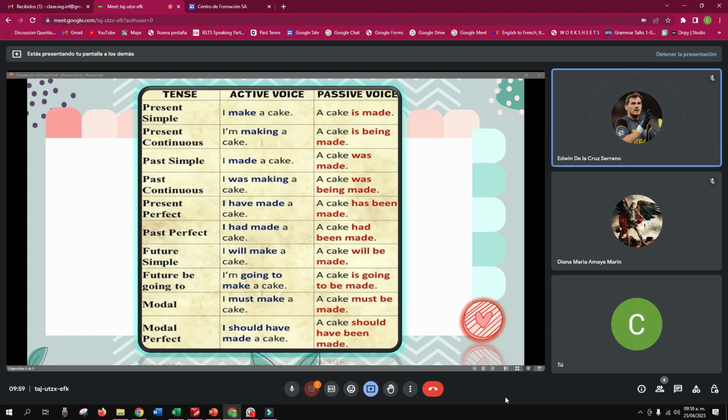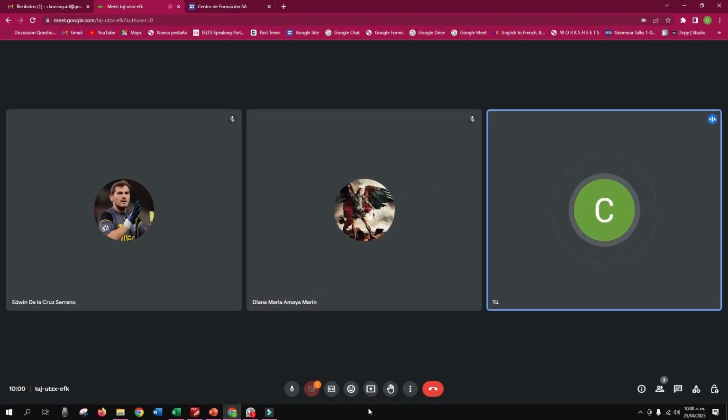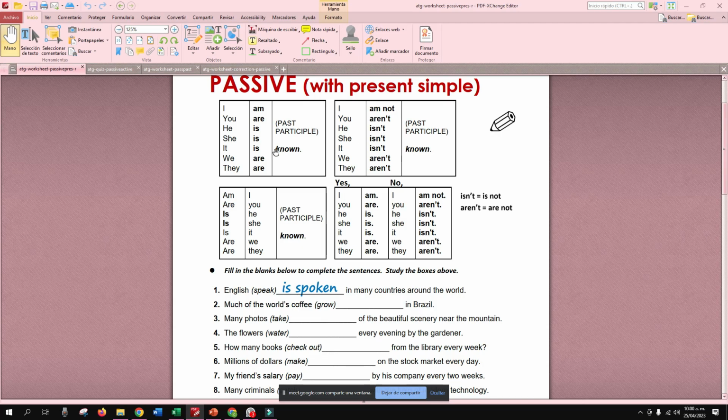Okay, teacher. Okay, I guess we need to start with the simple present tense, right? That will be easy for us. Then we're going to do some exercises in past, right? So let me share the first exercise with you guys. So passive with present simple or simple present, right? There you have a little review about the tenses, right?